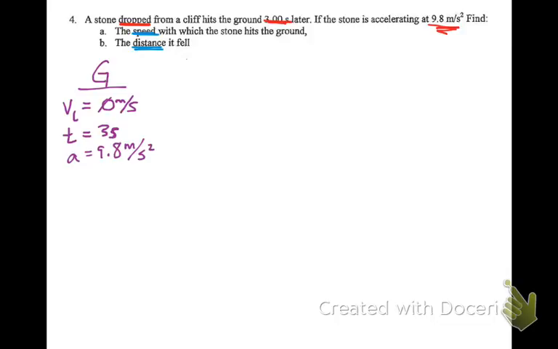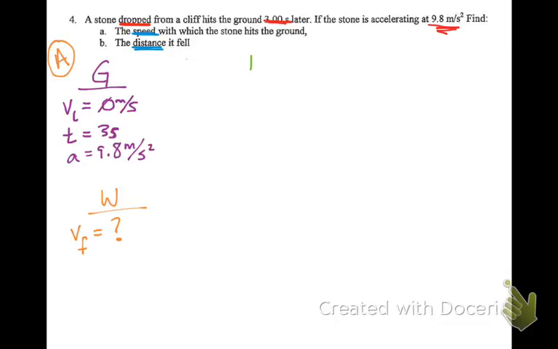Our wanted, so we're just doing part A: the speed with which the stone hits the ground. That means that we're talking about our final velocity here. So this is just part A.